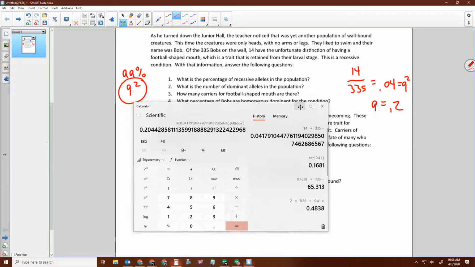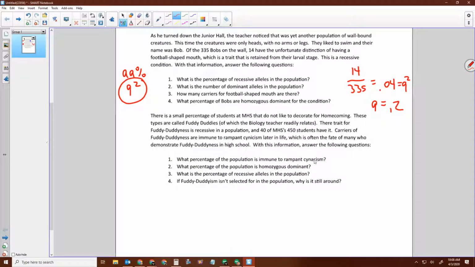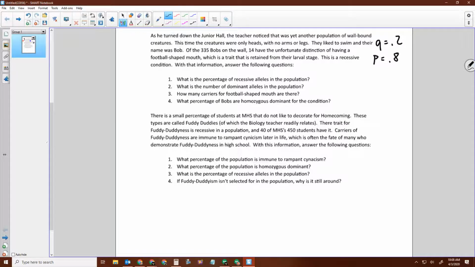Nice, easy number for us. So if Q equals 0.2, then we know that P equals 0.8. And so now that we have that info, let's reproduce it up here so that we can deal with this problem. Let's answer these questions.